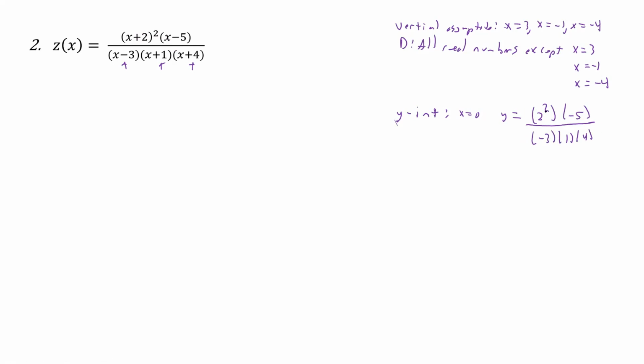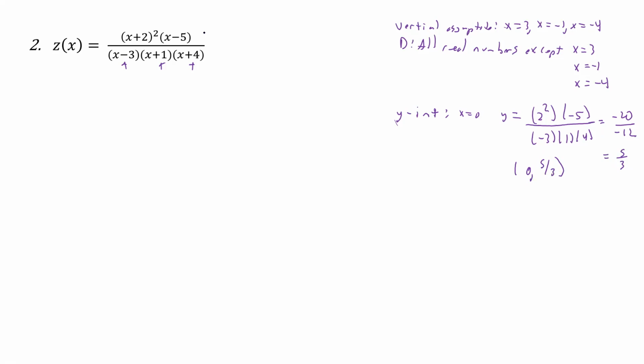Well, 2 squared is 4 times -5, so that's -20. Then we have -3 times 4 is -12. And so we reduce that. It's going to be positive. Let's see, 4 will go in that 5, 4 will go in that 3. So we'll have 0, 5 thirds. Okay, so that looks like our y-intercept.